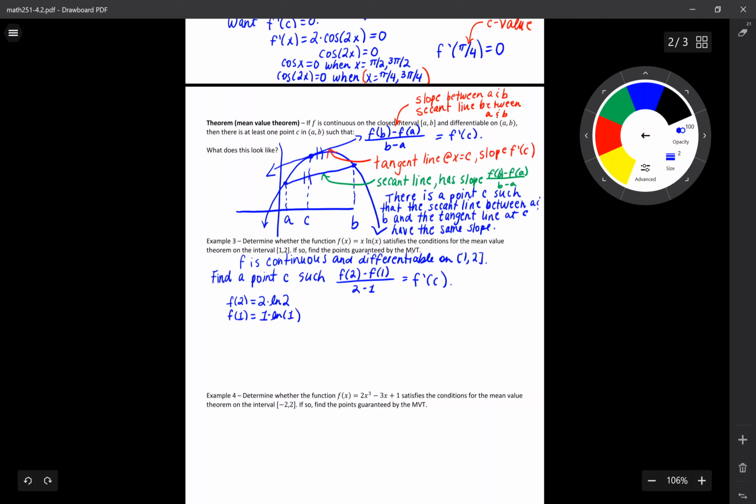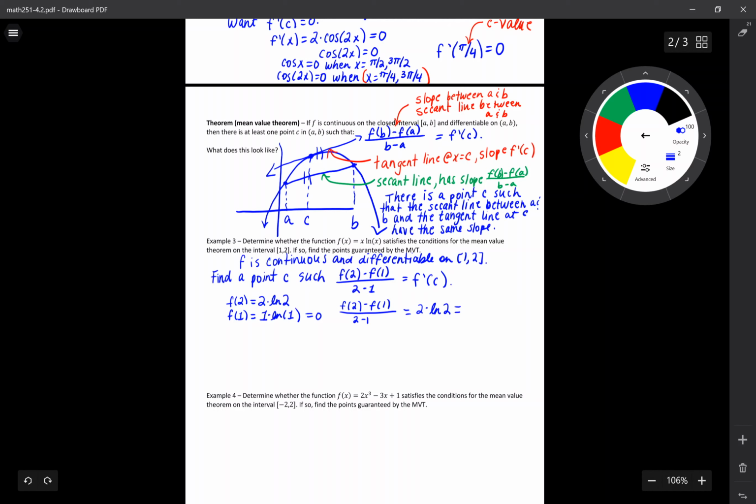Well, the natural log of 1 is equal to 0, so this just equals 0. So f of 2 minus f of 1 over 2 minus 1 is equal to, our denominator simplifies as just 1, so this is 2 times natural log of 2.